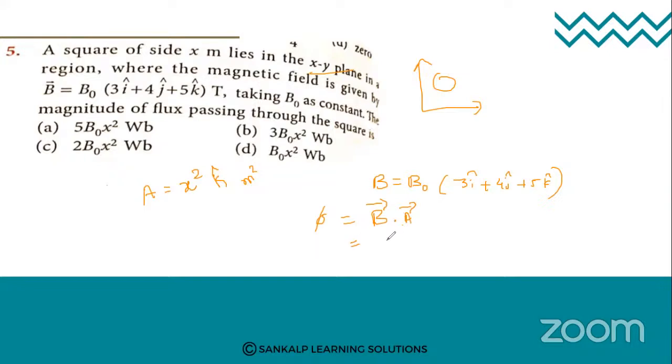So it is a dot product. So dot product antandre en maadtira? B naught antu constant ide, so keep it as it is. The remaining is what? 3 I cap plus 4 J cap plus 5 K cap into A. So A is what? It is x square K cap. It is a dot product.